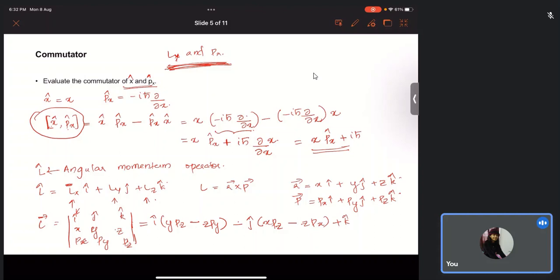This is the odd entry at the odd column, so it is plus k cap, x into py minus y into px.